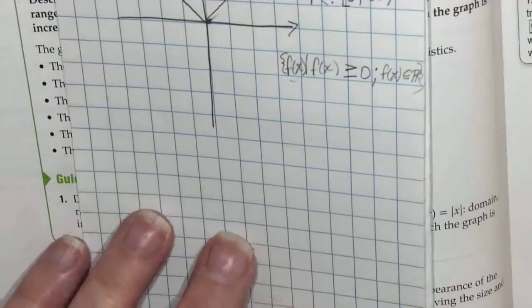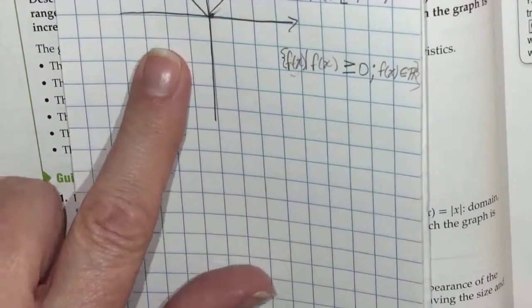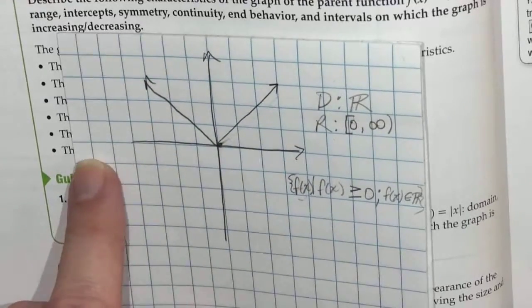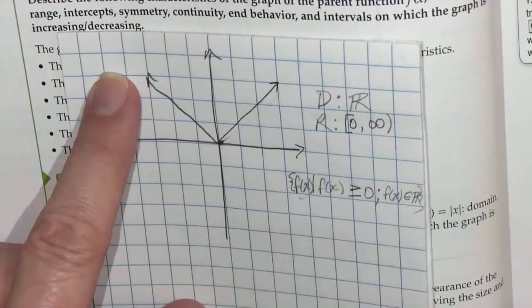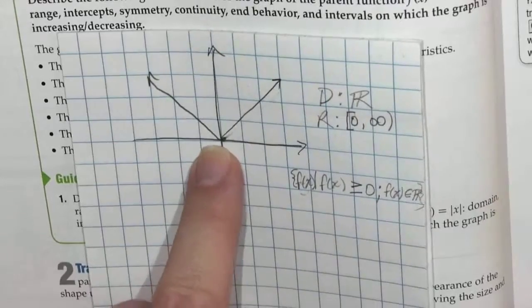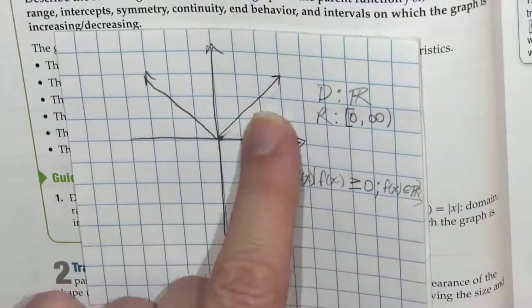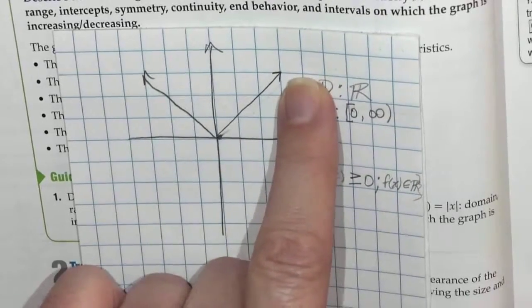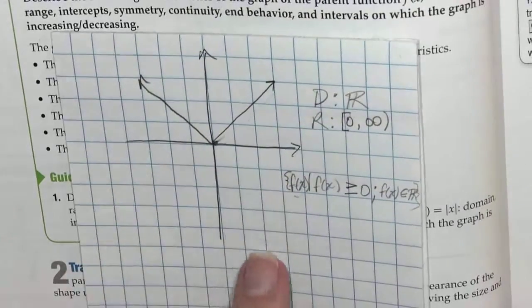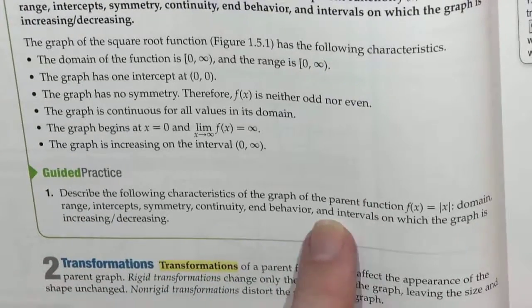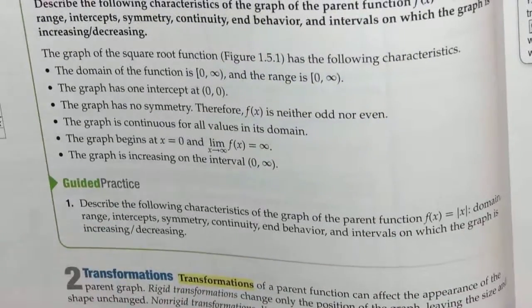Okay, end behavior. So as x approaches negative infinity, what's y approaching? Positive infinity. And as x approaches positive infinity, what's f of x approaching? Positive infinity, right? Okay, good. And intervals in which the graph is increasing and decreasing.